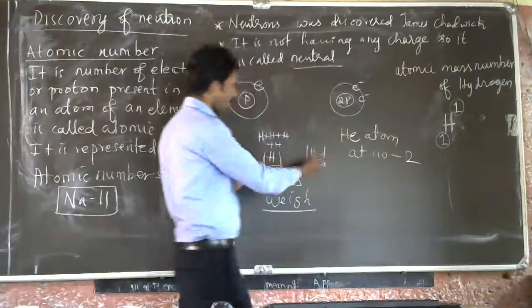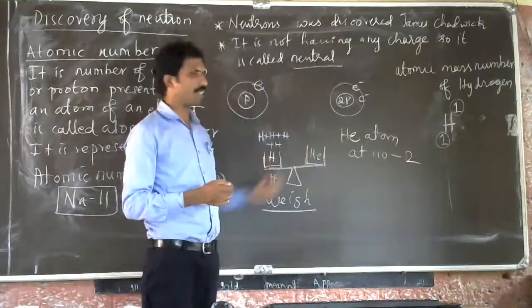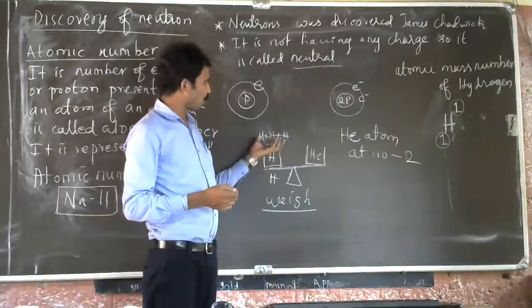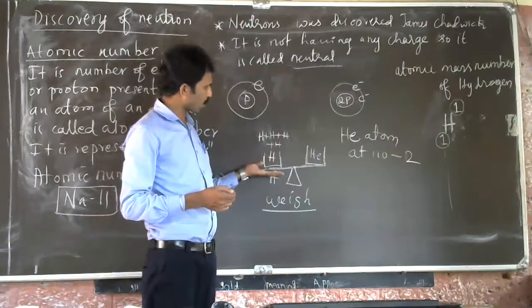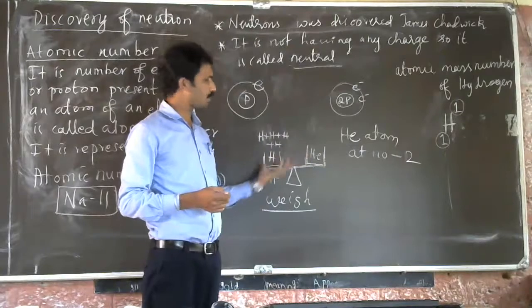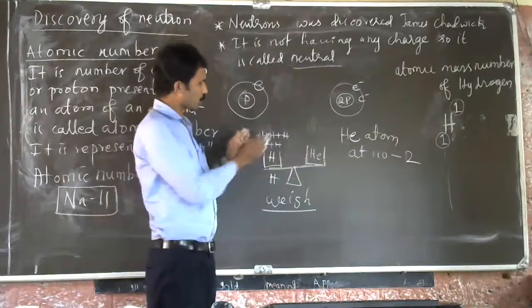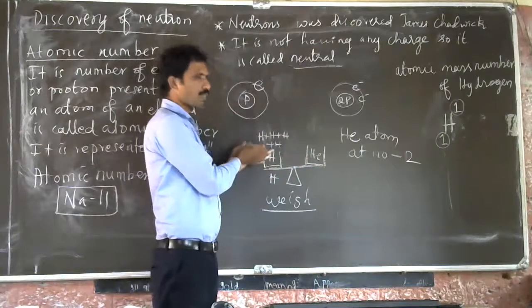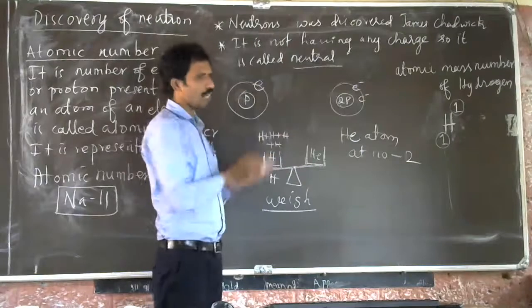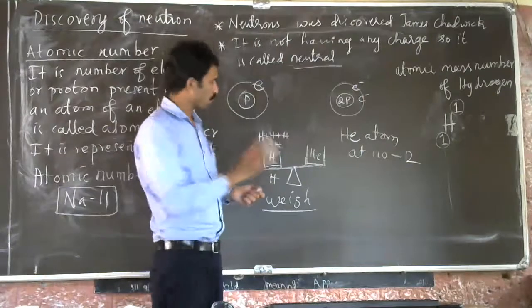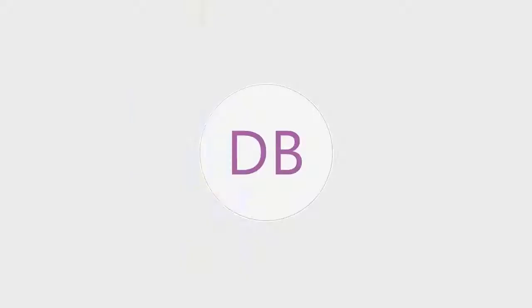When we weigh hydrogen with helium, only when you put 4 hydrogen on the hydrogen side does the helium become equal. But it was seen that even after putting 4 atoms of hydrogen, the helium was not equal to the hydrogen.